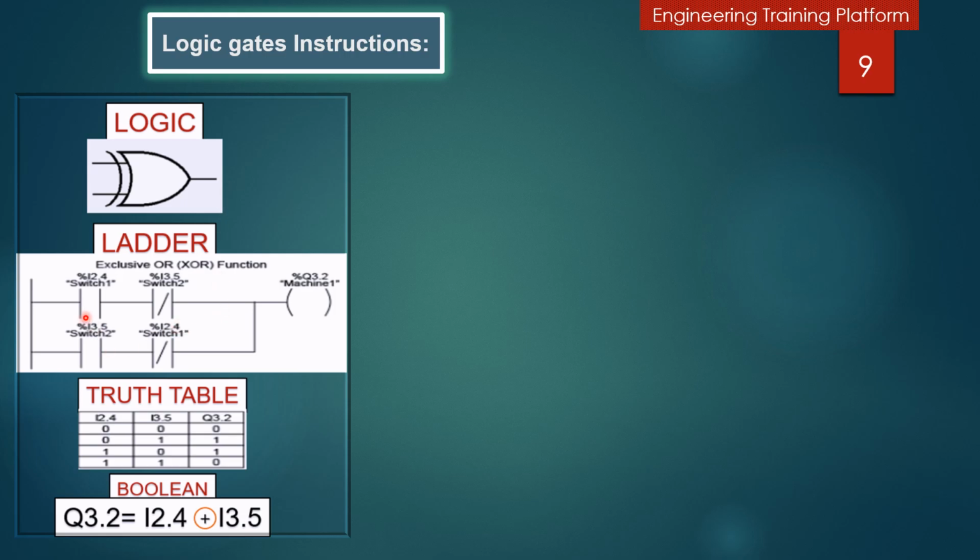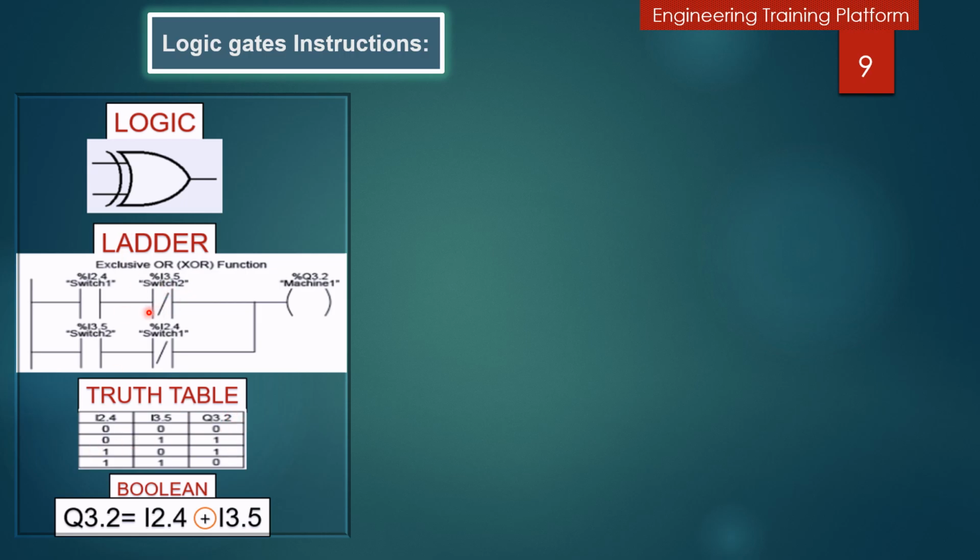Now I will explain this in the ladder logic. You can see I2.4 is normally open, I3.5 is normally closed, and here I3.5 is normally open and I2.4 is normally closed. It is the same connection which I explained earlier for the OR gate, and these connections are in parallel. Now for the truth table, if I2.4 is logic 0 and I3.5 is 0, then Q3.2 will be 0.